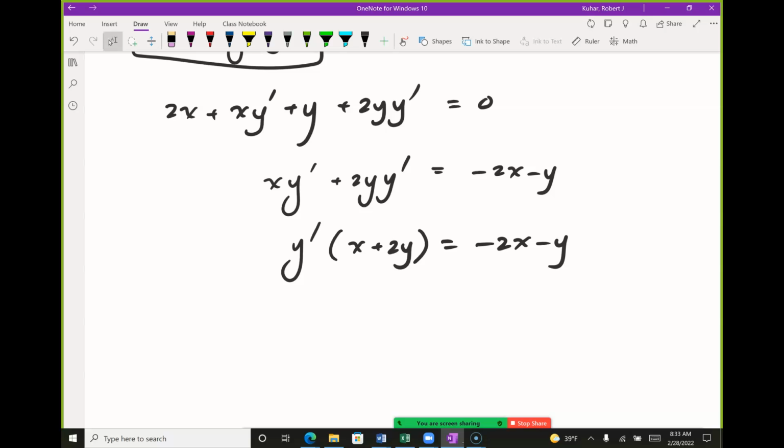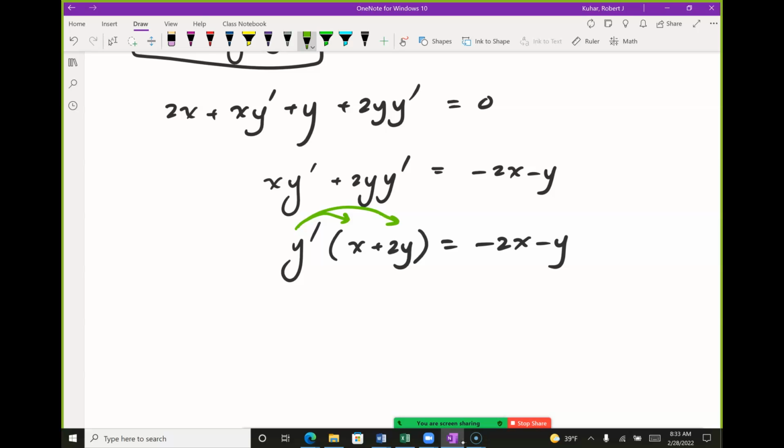Make sure I'm not going too fast here. I'm missing 2 students. How did you just get the last part? Sorry, I was writing it down. Yes, so I factored out. It's always easier to see if I distribute the y prime back.